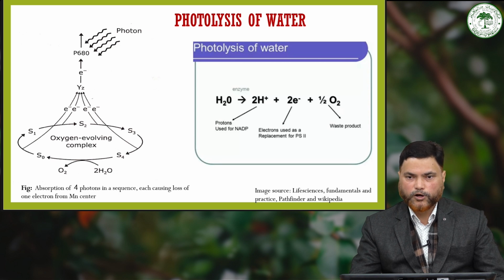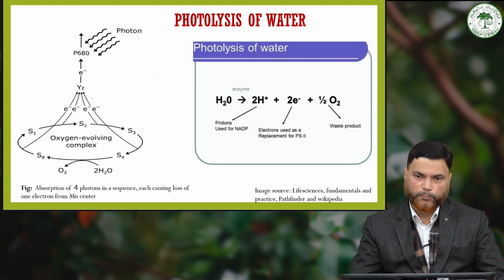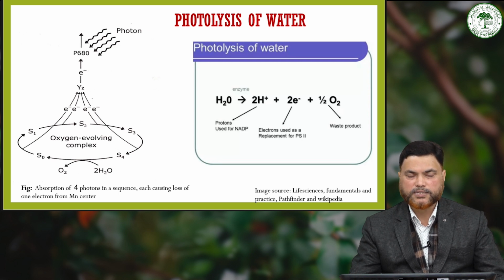The transition from S4 to S0 specifically results in the liberation of the oxygen molecule. This is very important to note. The comprehensive model for the photooxidation of water is referred to as the S-state mechanism. The process involves 5 reaction steps that sequentially release a total of 4 water-derived protons into the thylakoid lumen.